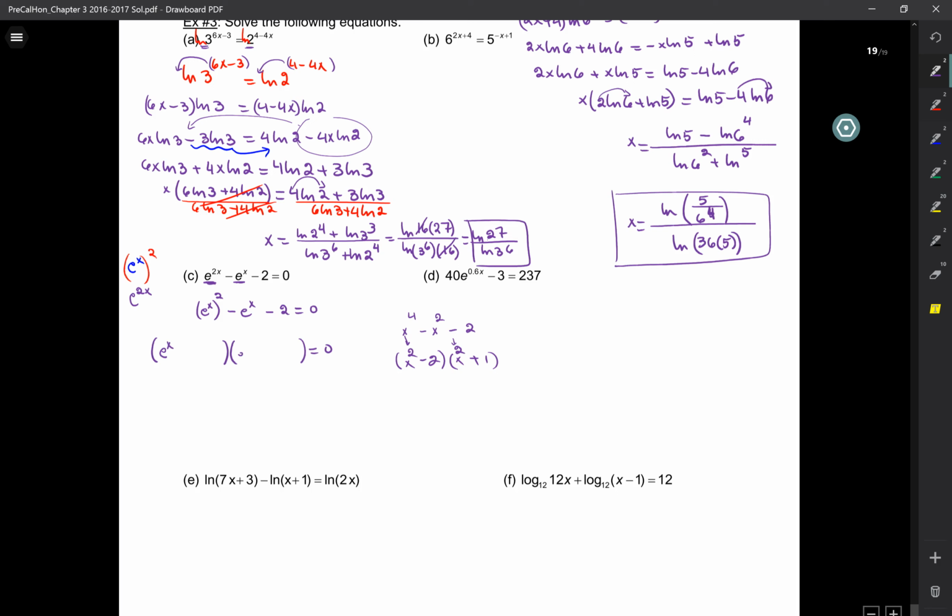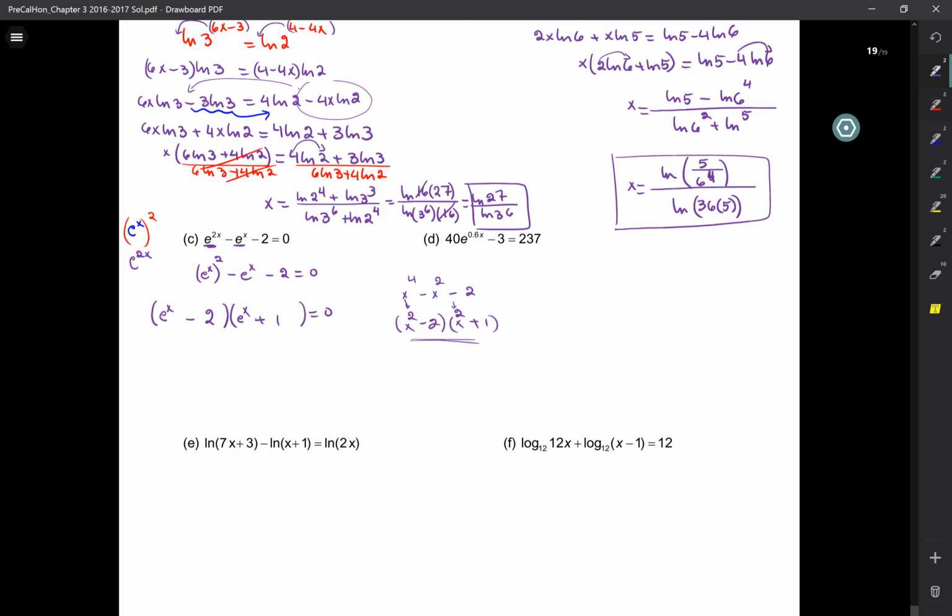Well, it's just e to the x, e to the x. Because look, now when you multiply e to the x times e to the x, you get e to the 2x. Now, I need two numbers that multiply to -2 and add to -1. Just like that. Hey, look, it's the same.